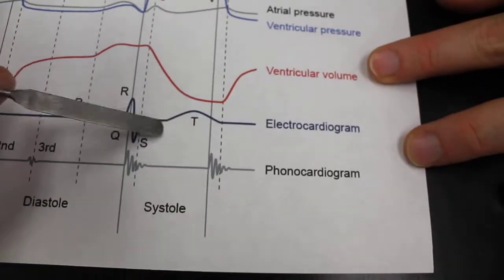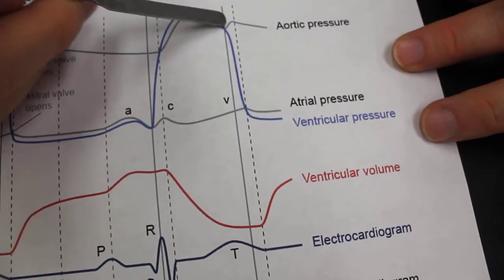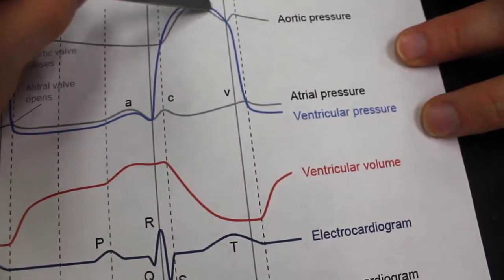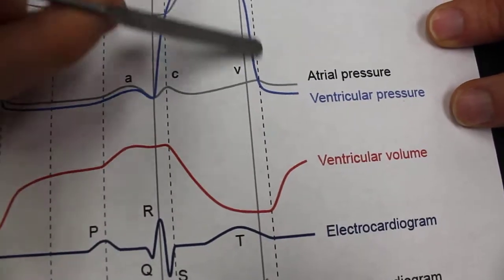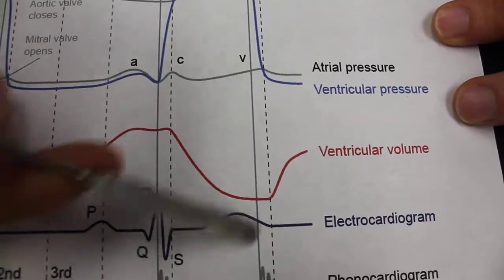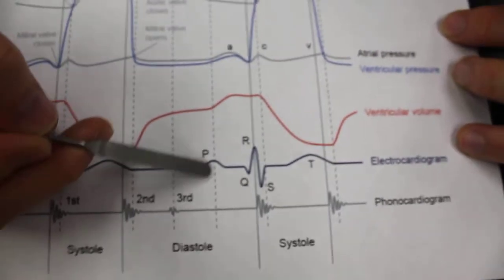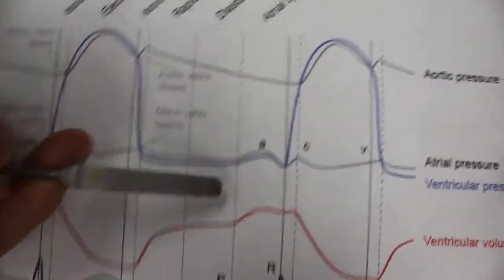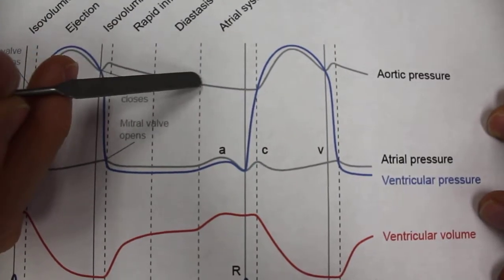Then we'll have our T wave, which is ventricular repolarization. That will be the relaxation phase of our ventricle. So note these timings. These timings are very telling. The electrical conduction precedes the muscular contraction.